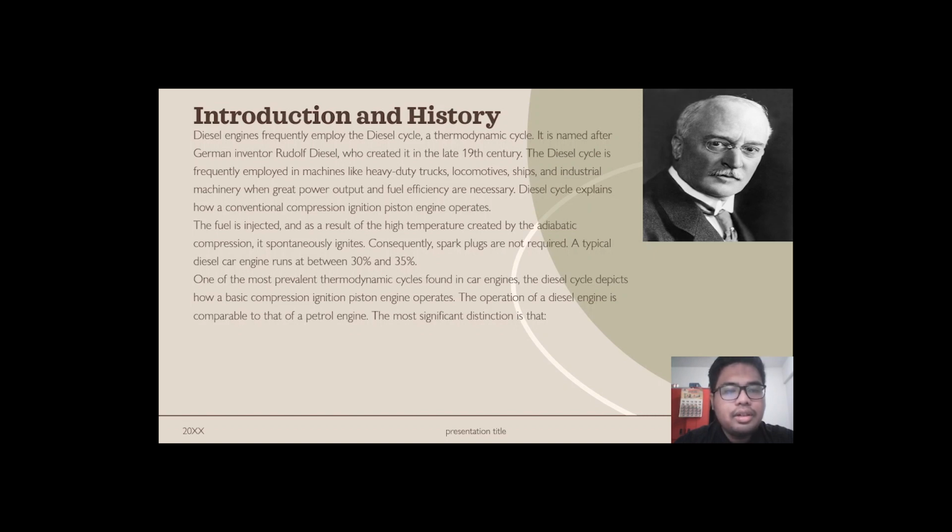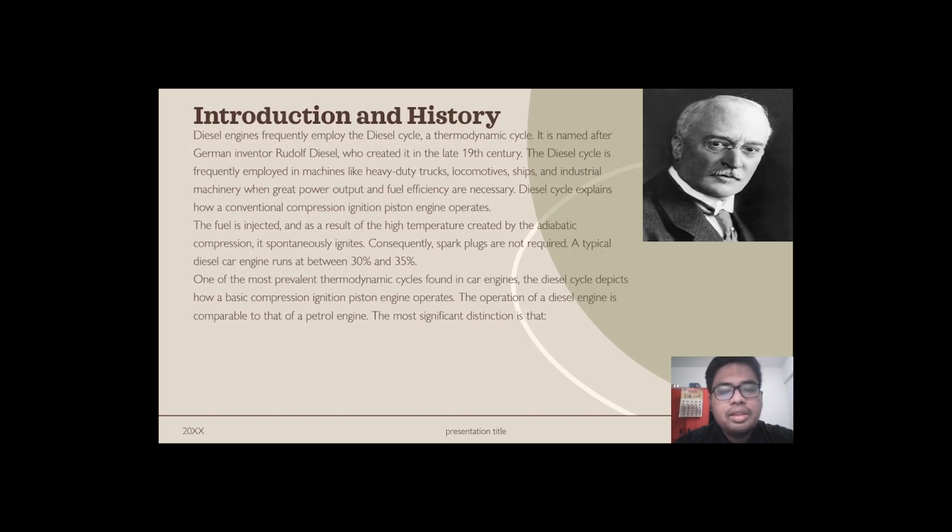A typical diesel car engine runs at between 30% and 35% efficiency. One of the most prevalent thermodynamic cycles found in car engines, the diesel cycle depicts how a basic compression ignition piston engine operates. The operation of a diesel engine is comparable to that of a petrol engine.